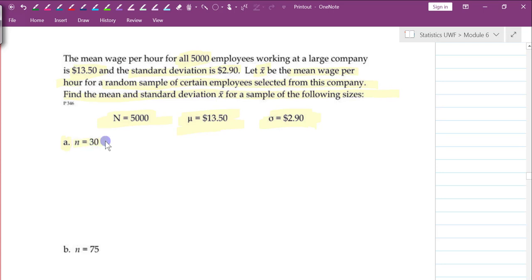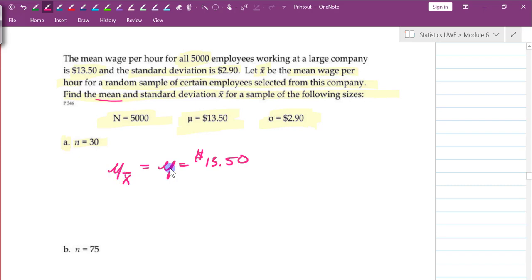We want to make sure that you remember this is the mean of the sample distribution. So it's mu sub X bar. We're saying that this is the mean of X bar by the definition that we just talked about. That is equal to mu, and we were given that mu is equal to $13.50. That easy. You've got to know, though, that mu sub X bar is equal to mu.